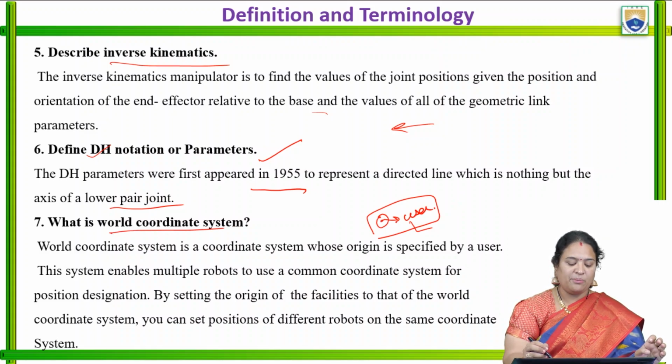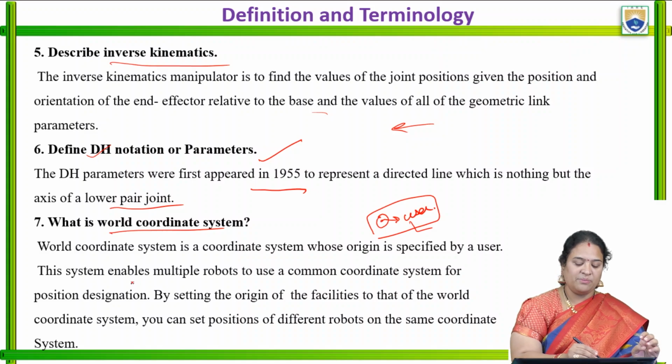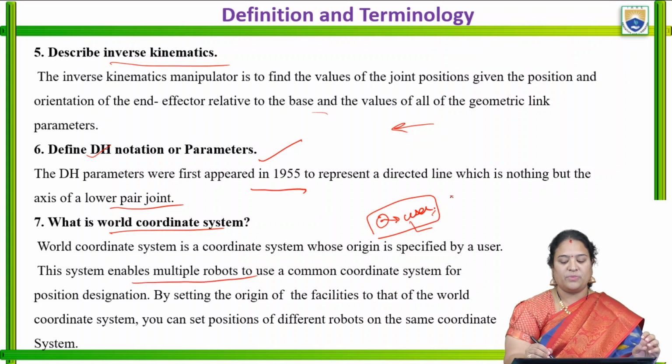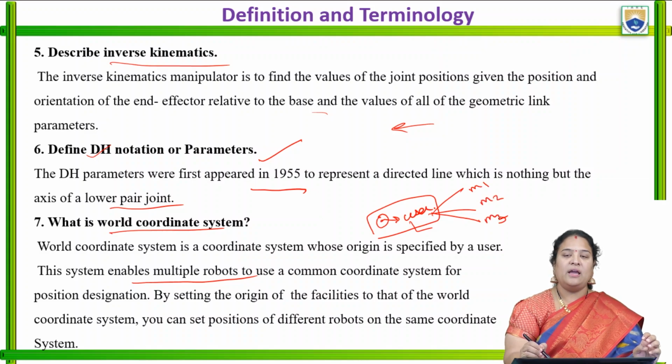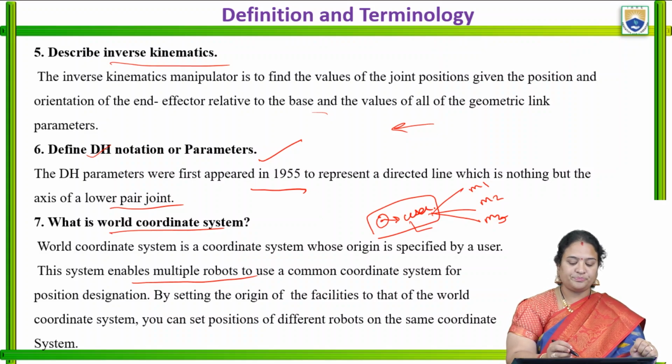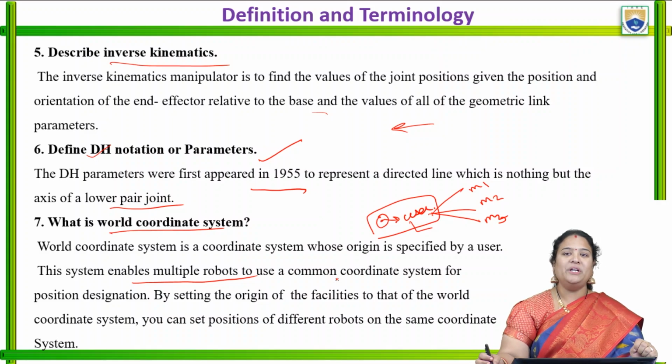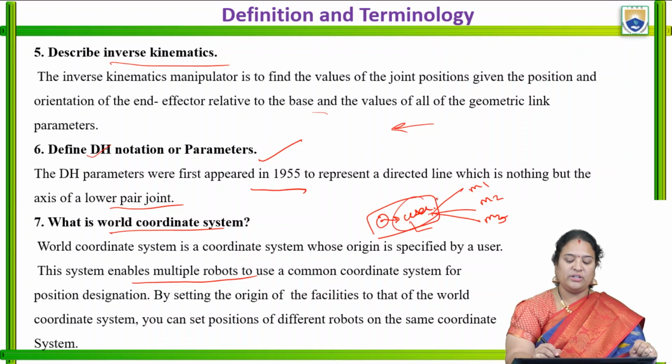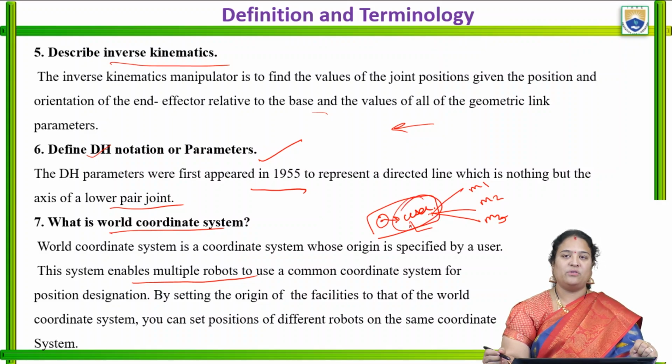Now, this type of system enables multiple robots, like M1, M2, M3 and M4 and so on, to use it as a common coordinate system. As I've told you, the user defines the common coordinate system, and according to it, multiple robots can be accessed.